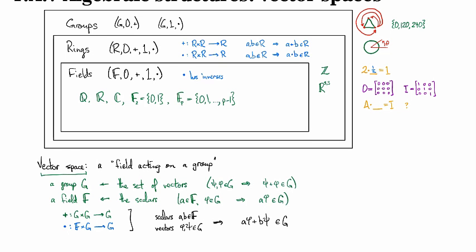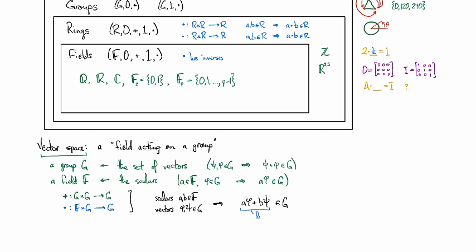So this here is a linear combination of those elements. And so a vector space is a set that is closed under linear combinations.